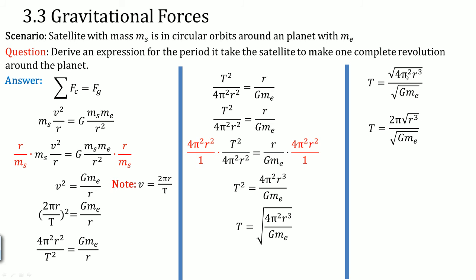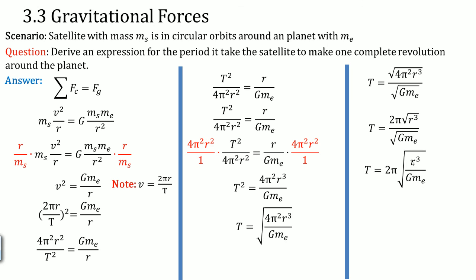The radical pi squared just becomes pi, leaving you only with a radical r cubed left. Now you can combine the radical back in here. So the period that it takes can be defined by 2 pi square root r cubed divided by G me.